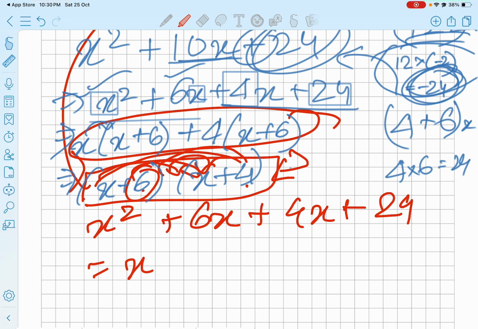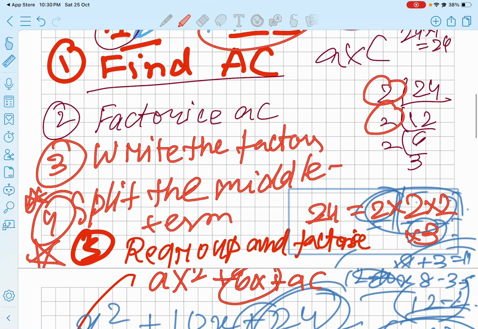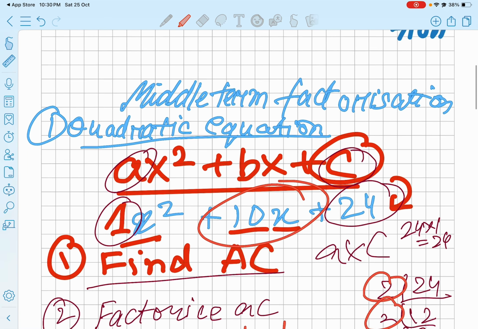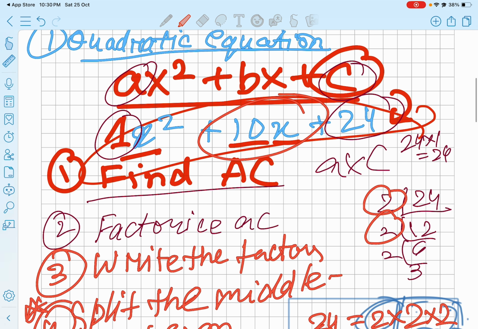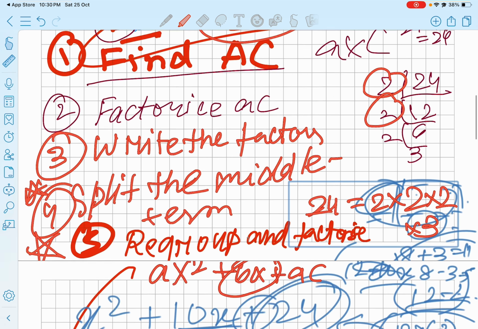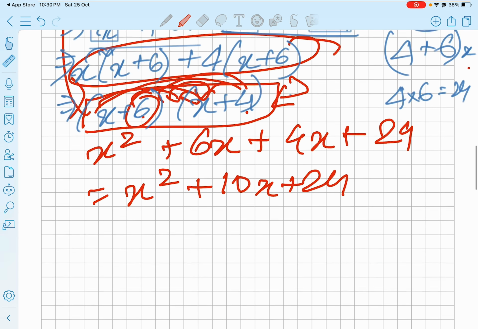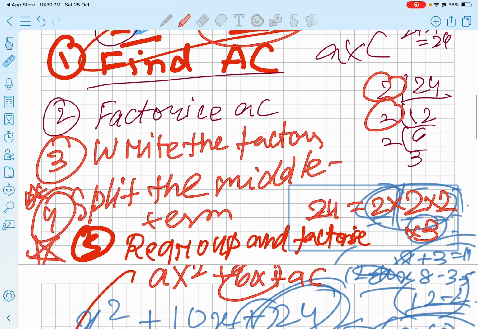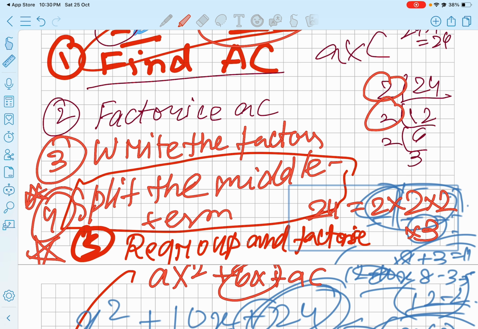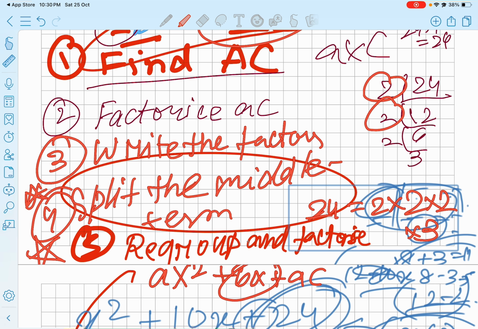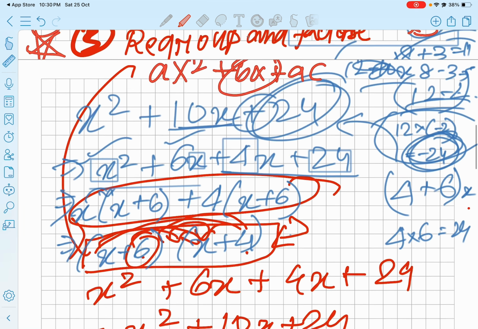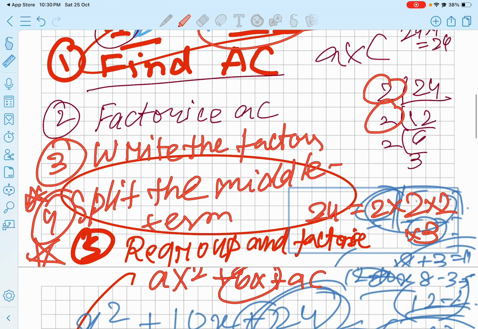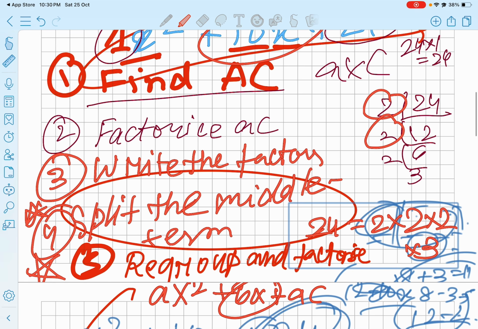So we are getting x square plus 10x plus 24, which means we are back to where the question started from. So this is how you do middle term factorization. This was a very important and very easy example. The main fact here is the splitting of the middle term. If you get this step right, then all the other steps will automatically come together, and no one can stop you from successfully doing the middle term factorization.